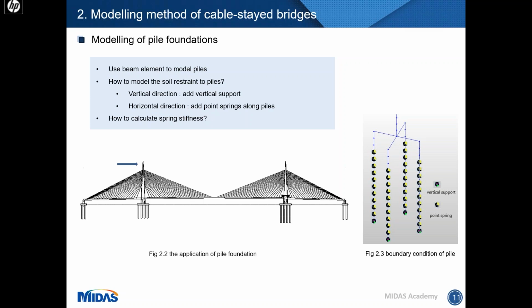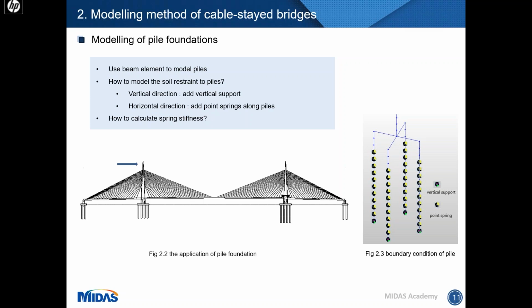But the pile is surrounded by soil, and the soil provides support to the piles. To model this, we can consider it from two directions. In the vertical direction, we can add a vertical rigid support at the bottom of the piles.